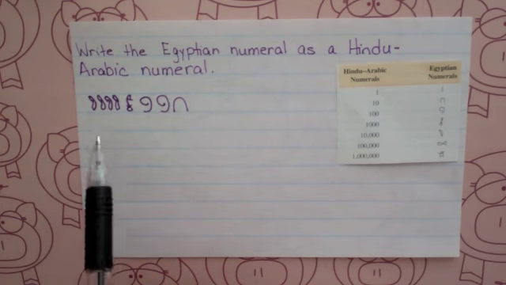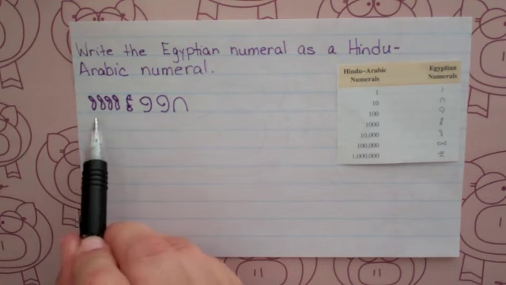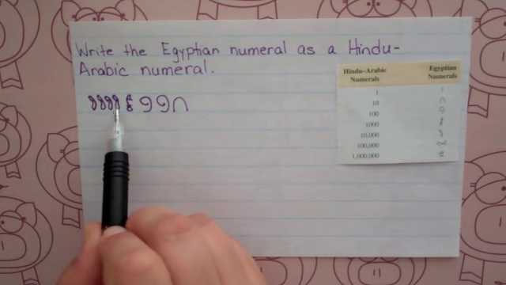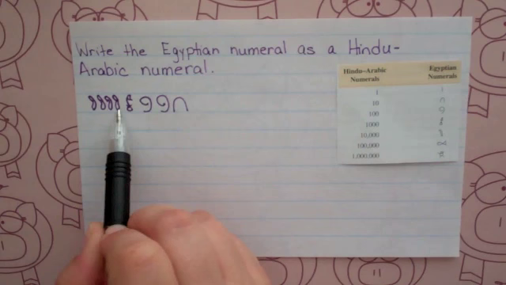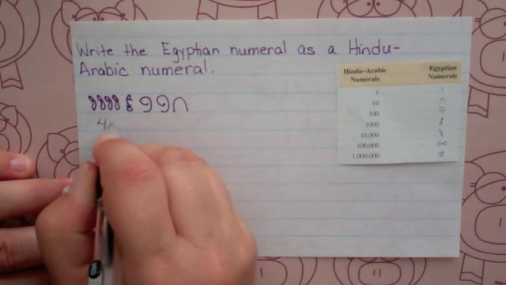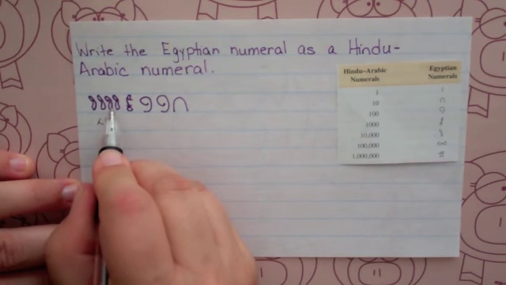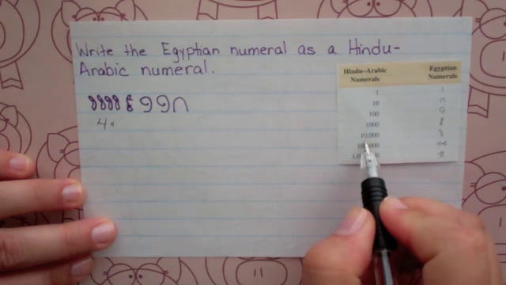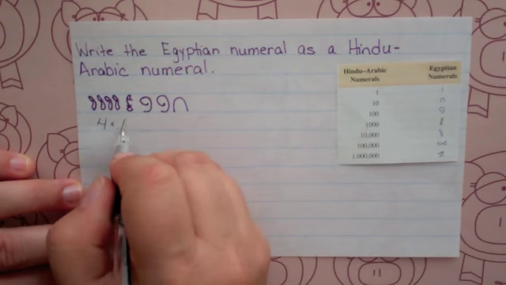So the first thing I look at in this number, I have 4 of this symbol, which is called a pointing finger. Each one of those pointing fingers counts for 10,000.